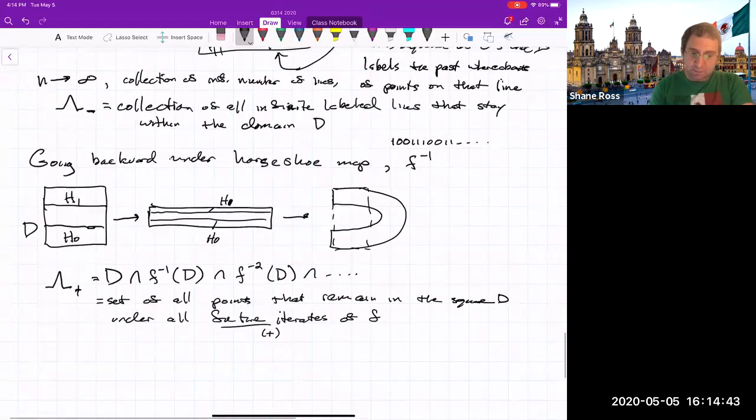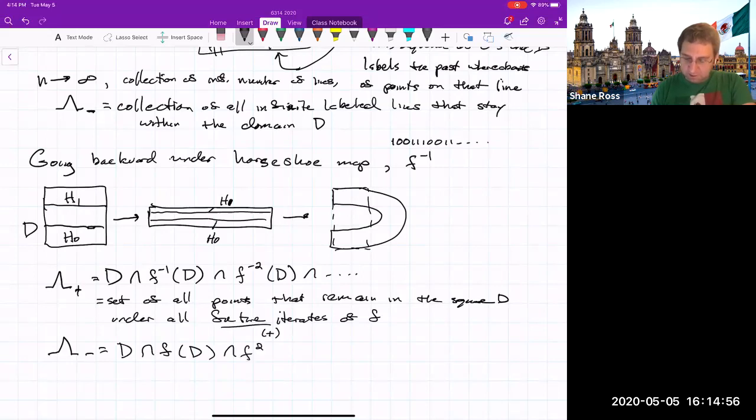And the reason we labeled this other thing lambda minus is because it's D intersected with the forward iterate of the horseshoe map, D plus two iterates, and so on.